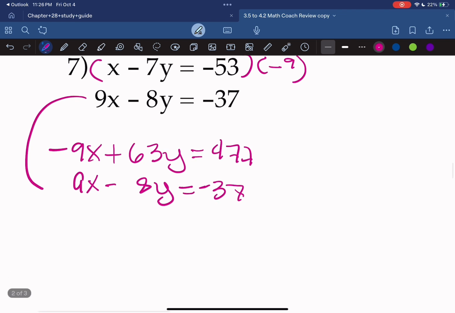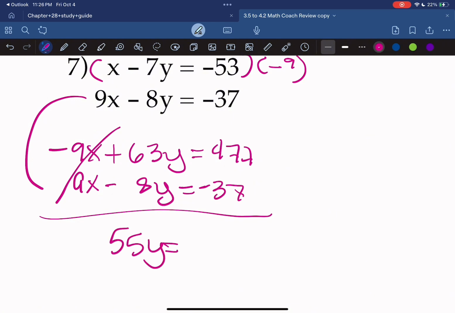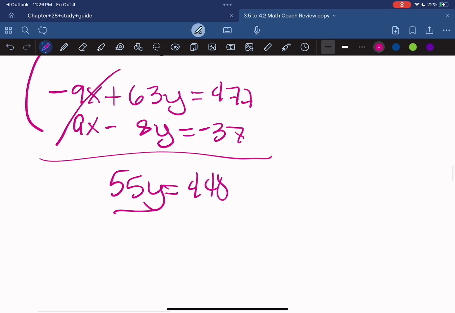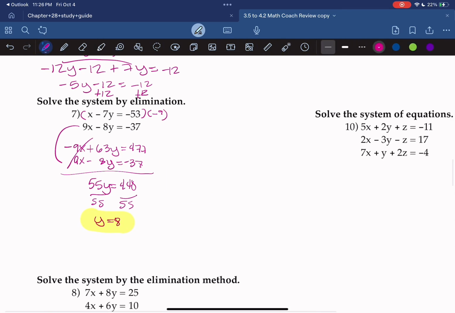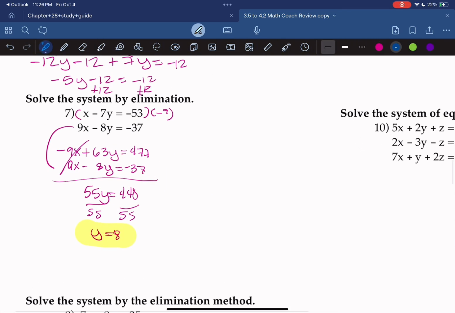Now we combine like terms. Negative 9 and 9 are going to cancel. 63 minus 8 is going to be 55y equals 477 minus 37, which is going to be 440. Now we divide everything by 55. Y equals 8. That is our y value, and we can plug it in to one of these equations.